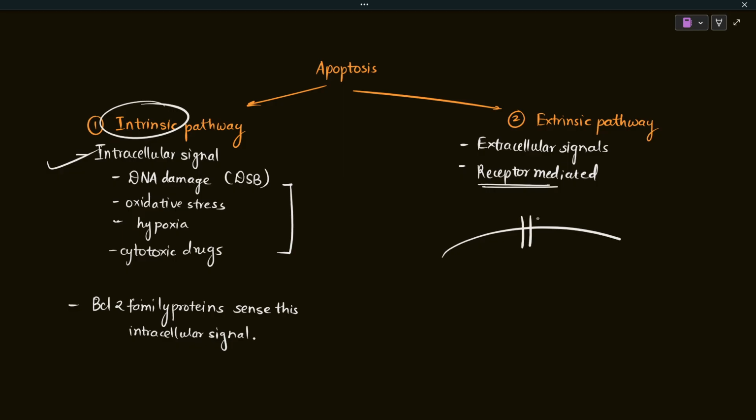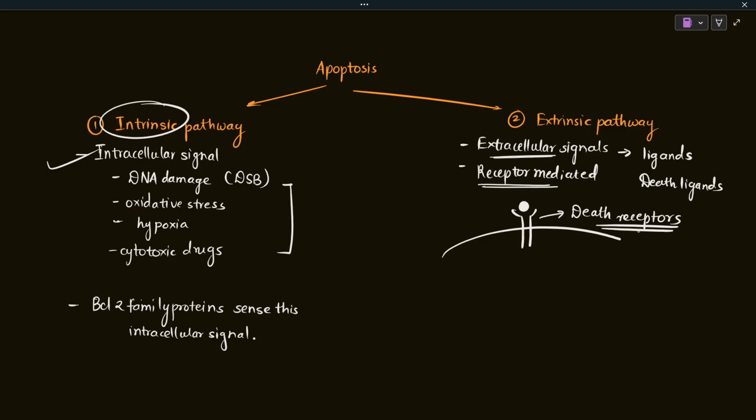Okay, those receptors are known as death receptors. Those death receptors are the ones which are going to receive the extracellular signals. So extracellular signals, obviously here they will be ligands. So those ligands are known as death ligands. Okay, and those death ligands will come and they will be sensed by the death receptors.